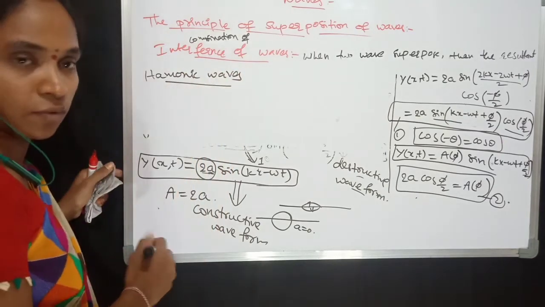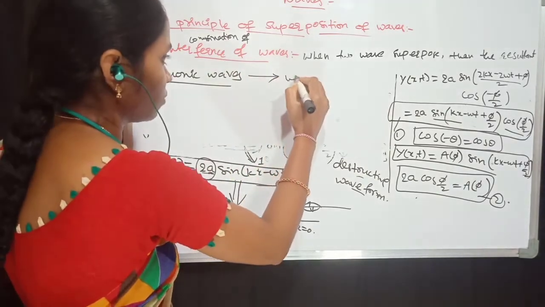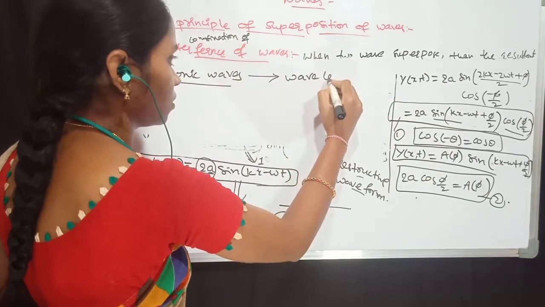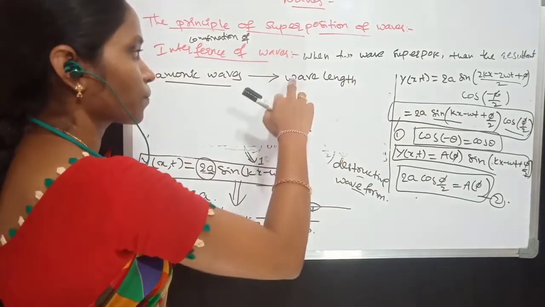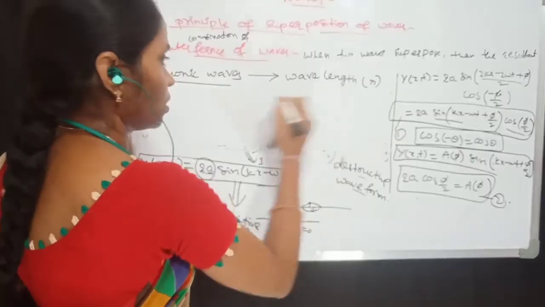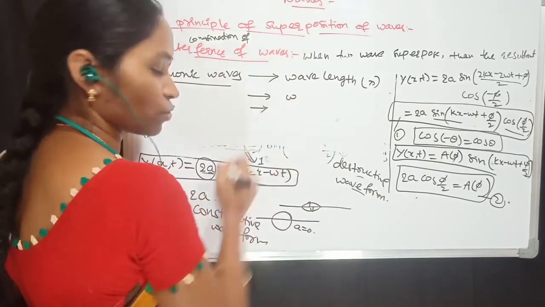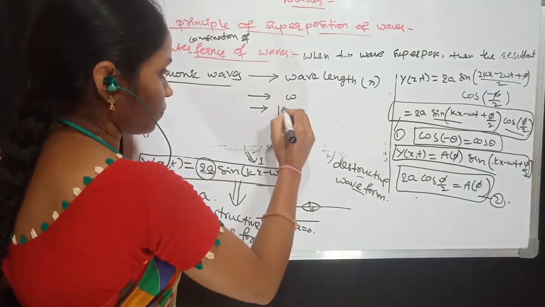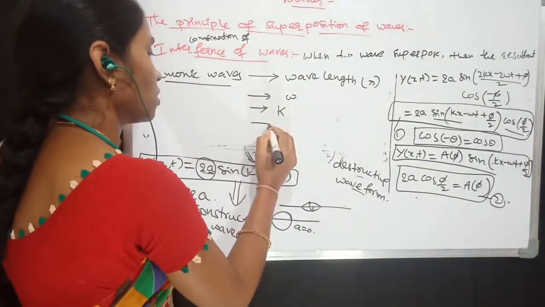In harmonic waves, the wavelength of both the waves is equal, angular frequency omega is also equal, and wave number is also equal.